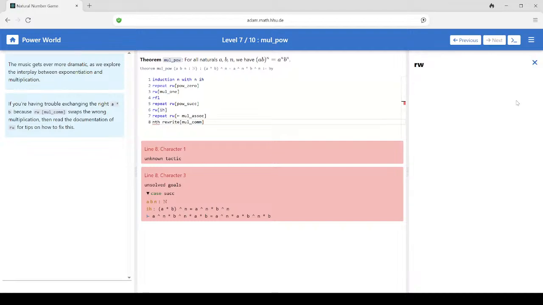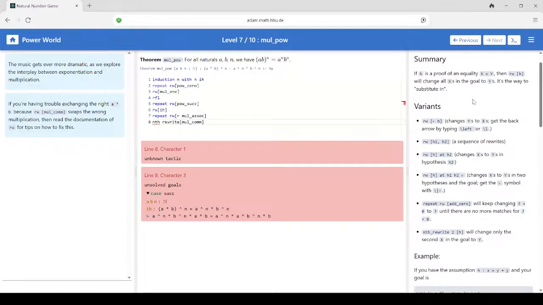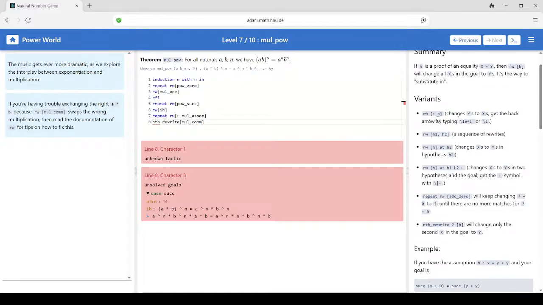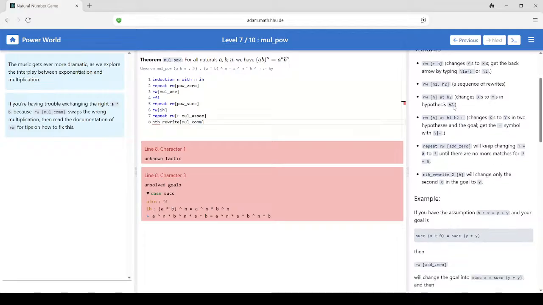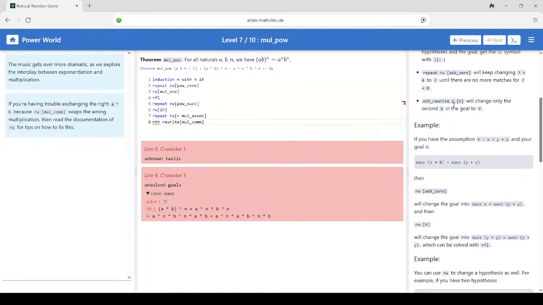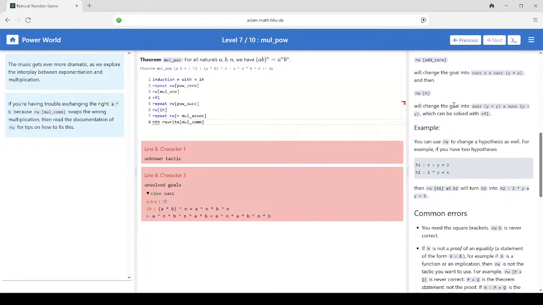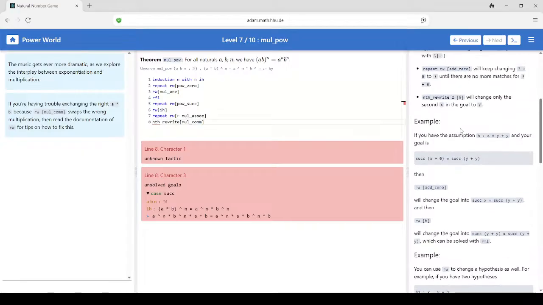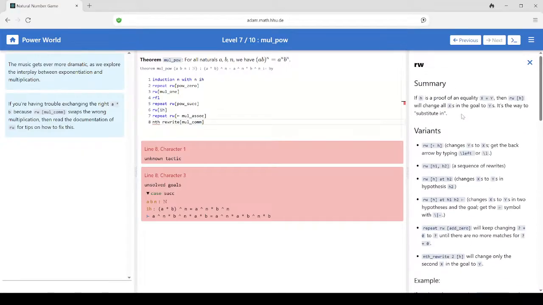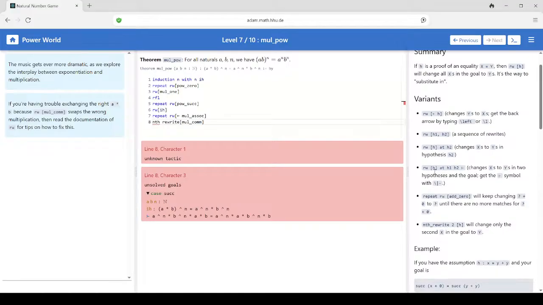Yep, that's exactly what I'm doing. Let's go here. This, we can reverse it. We can repeat it.